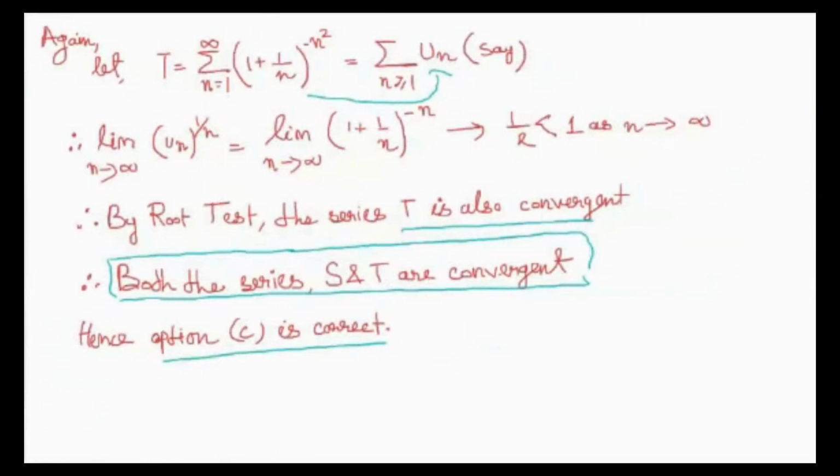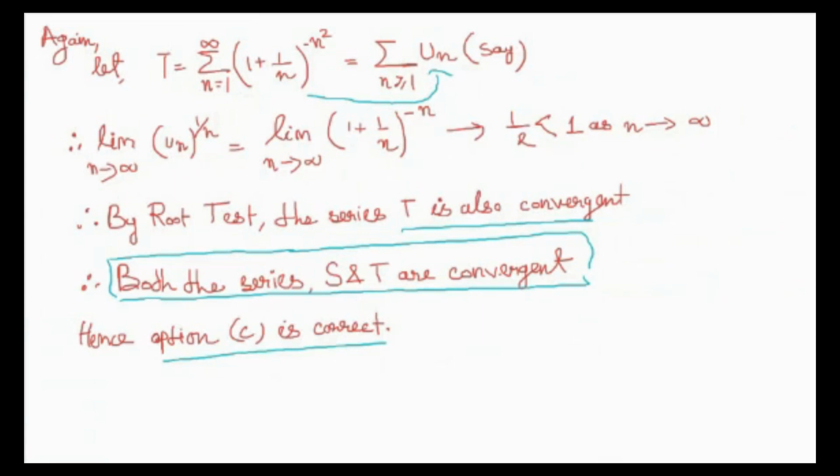Now let us proceed to see the nature of the series T. Series T can be written as summation n running from 1 to infinity u_n, where u_n is the nth term of this series, 1 plus 1 by n whole to the power minus n squared. To apply the root test, let us calculate the limit as n tends to infinity of u_n to the power 1 by n, which tends to 1 by e, which is less than 1.